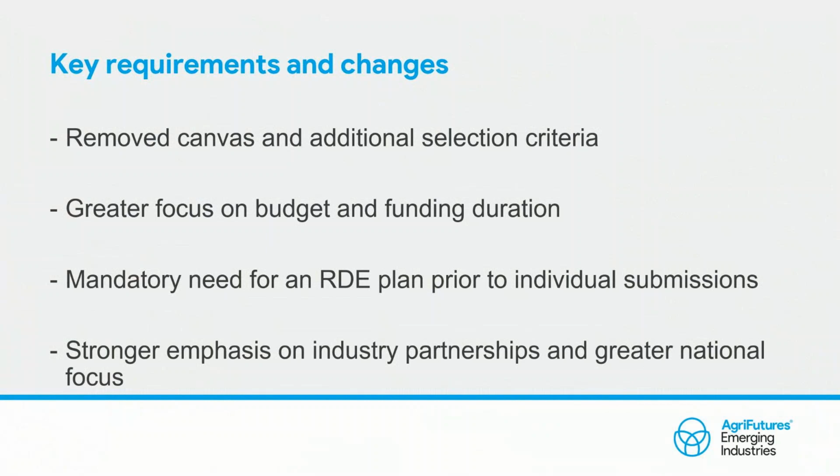We found that the approaches taken by applicants were quite variable, so we have removed that document as well as the additional selection criteria document that was an attachment. So now when you put your submissions in, we expect that all your responses are managed purely and solely in Clarity. I think the other big change that has occurred is a greater focus on budget and funding duration.